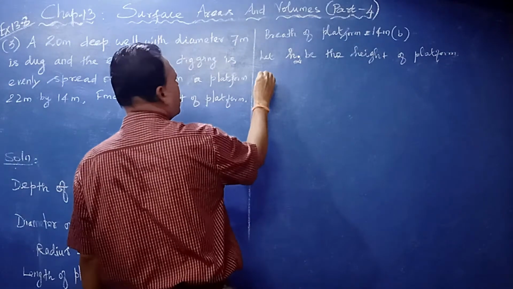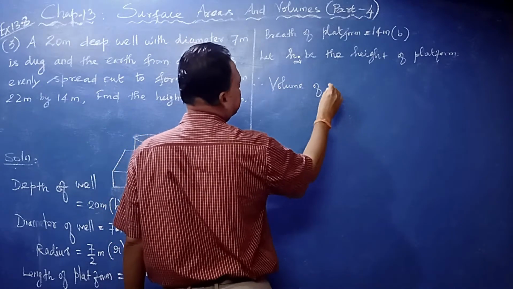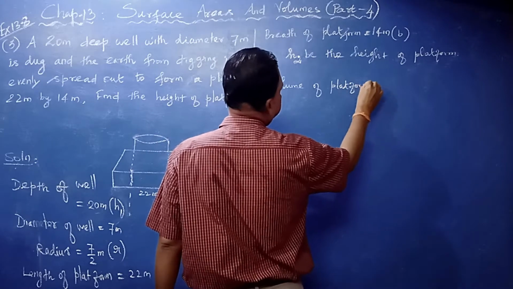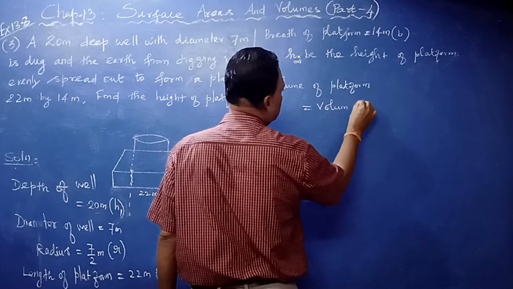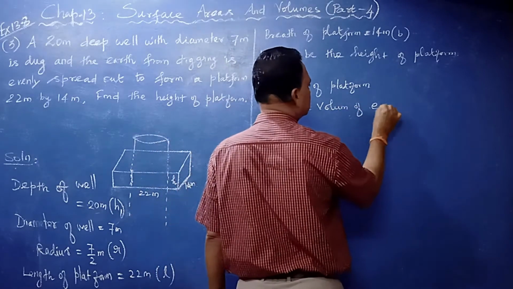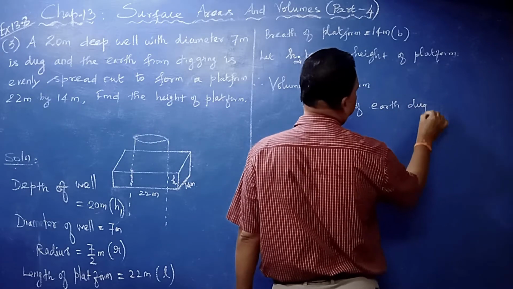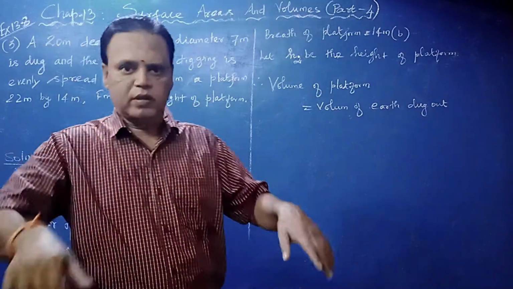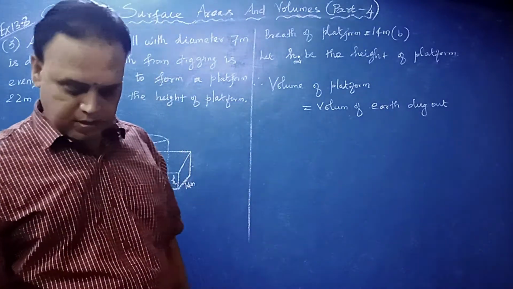Therefore, according to the question, volume of platform is equal to volume of earth dug out to make the well.